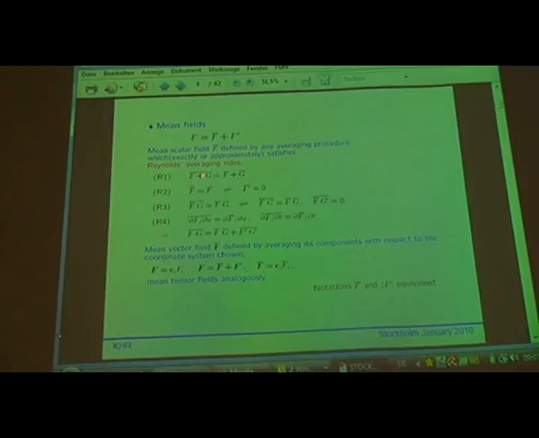rules. First is the distributive property of averaging in that sense. The second is the statement that twice averaging is the same as one average, which is equivalent to the statement that the fluctuations vanish under averaging. The third rule is you can pull out from the averaging procedure mean fields in that sense.